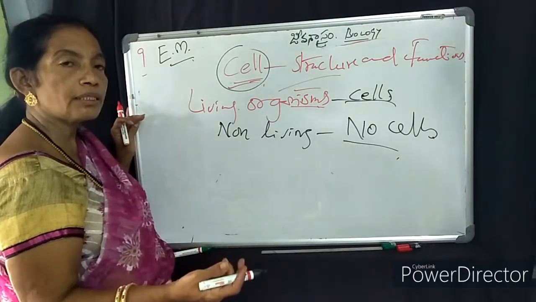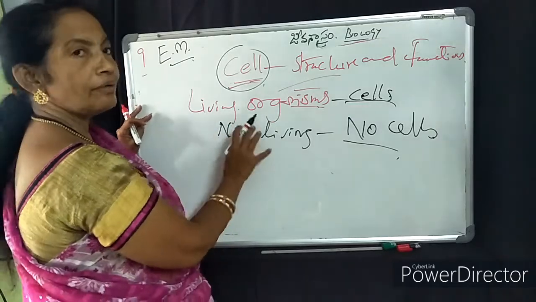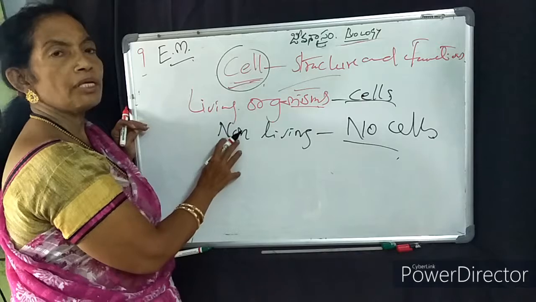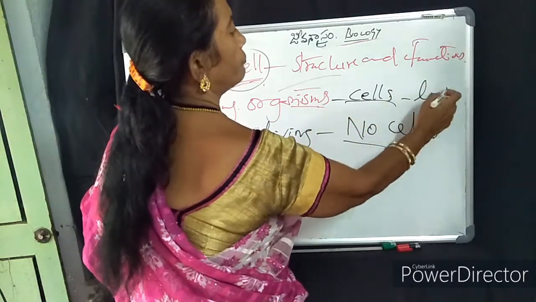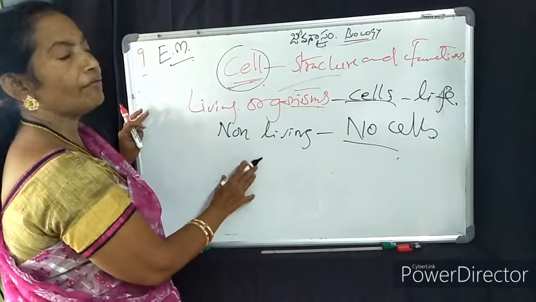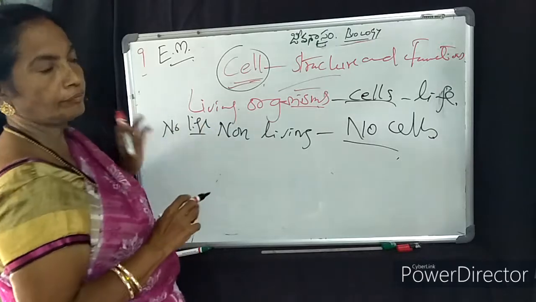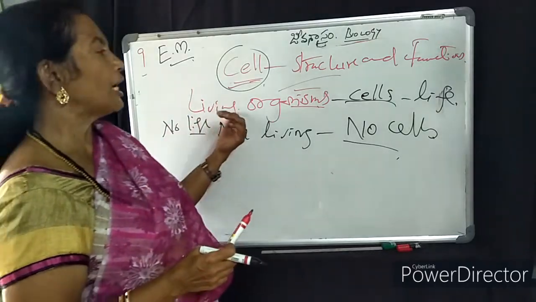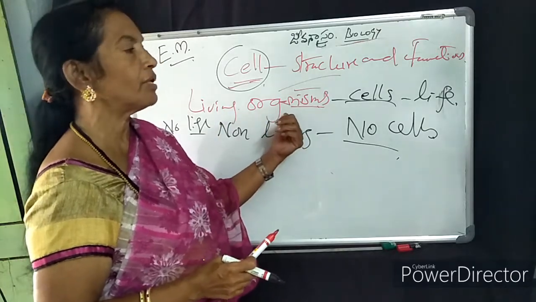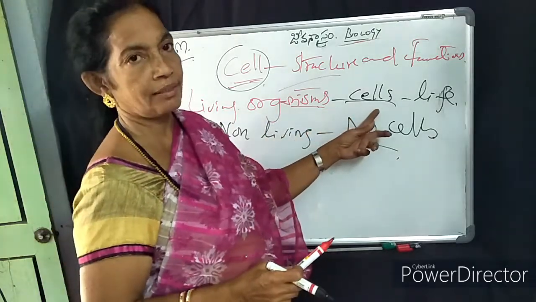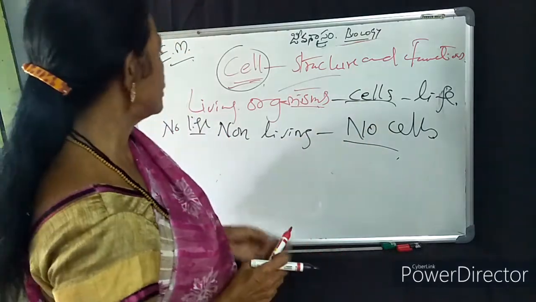Already in 8th class you learned this, isn't it? So what is living and what is non-living? Living means having life. Non-living means no life. When we come to living organisms, the body of the living organism will be filled with cells.